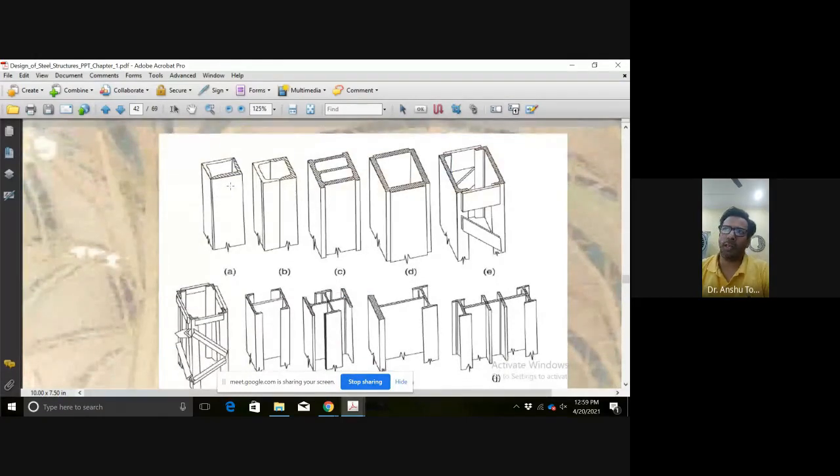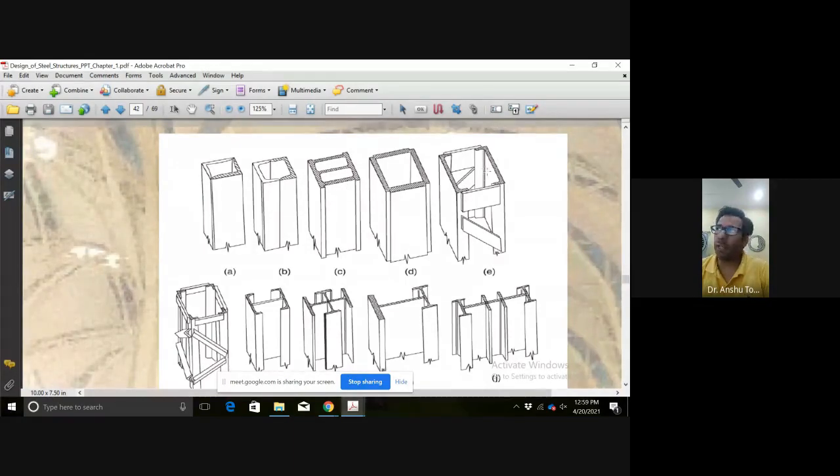You can join two angle sections like this to form a column section. You can combine two channel sections to form a column section. And these types of already cast sections are available.